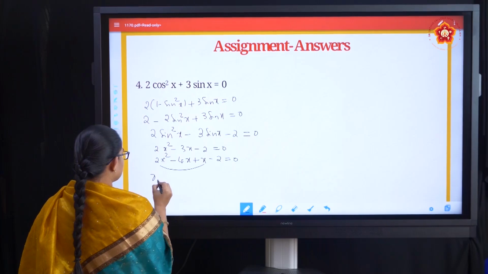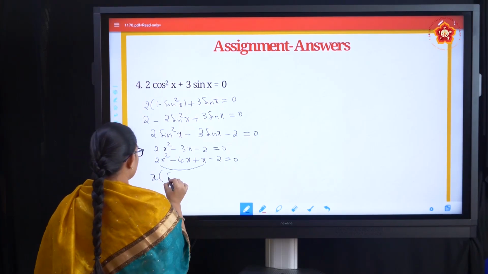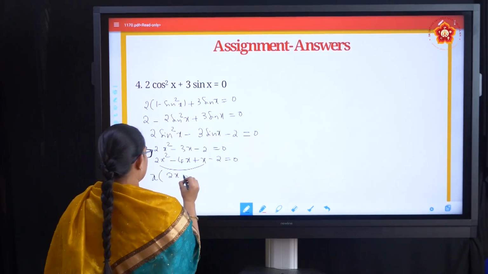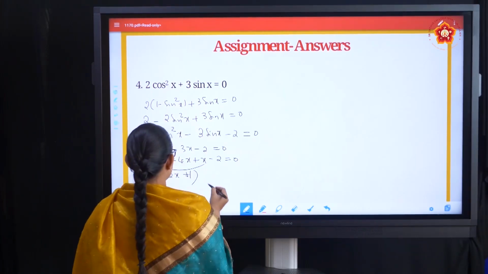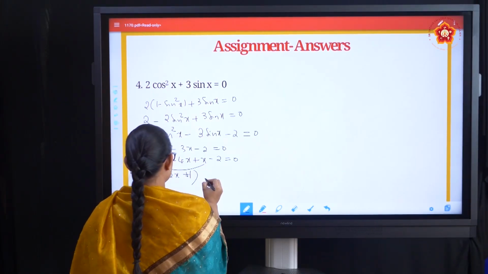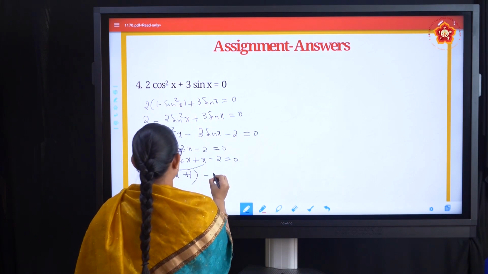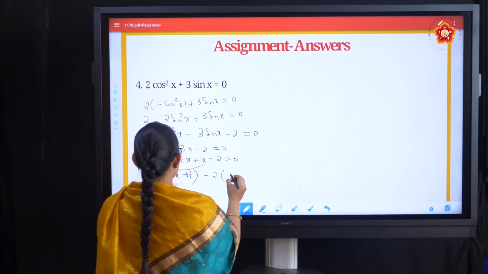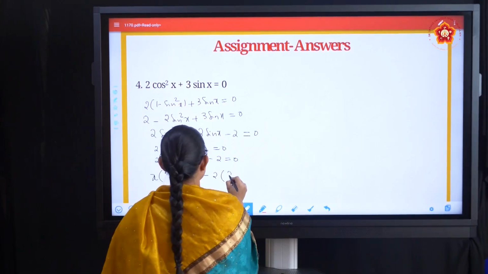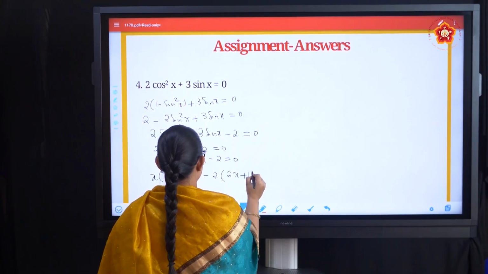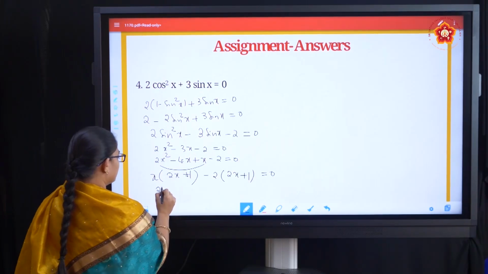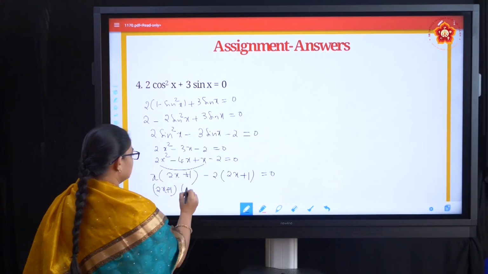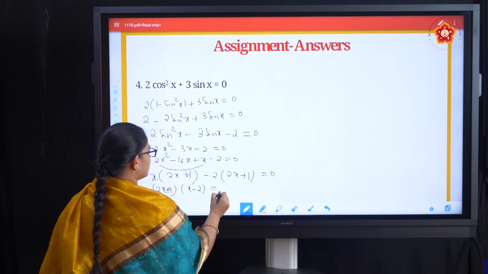If I take x out, I have 2x + 1. Now if I take −2 out, then I have 2x + 1 equal to 0. Therefore I have (2x + 1)(x − 2) = 0.